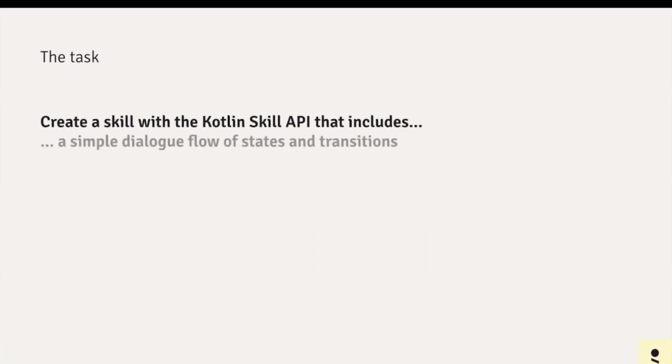Let's wrap up this tutorial by circling back to the task that we set out to do. We wanted to create a skill with the Kotlin Skill API that included a simple dialog flow of states and transitions, which I think we can say that we have done, although there are of course a lot more complex things you can do with the skill framework, and having interactions and dialog states that are less linear like our interaction was.